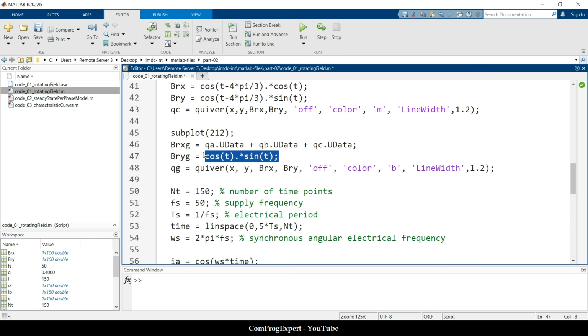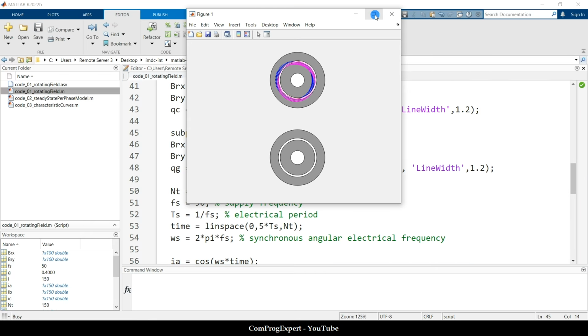The Y component, let's use the same. The Y component is the V data. Okay. So if I plot here, I only generated this graph for one instance of the time. Here you can see these 2 figures.